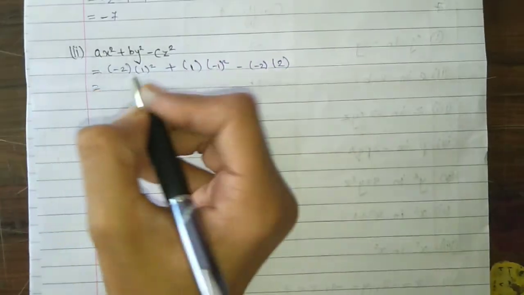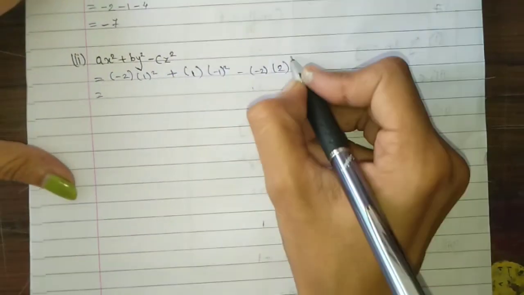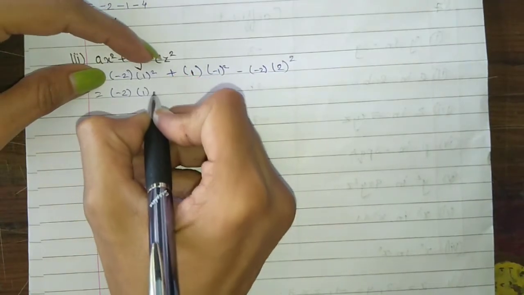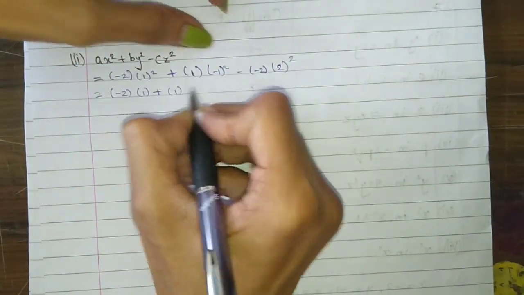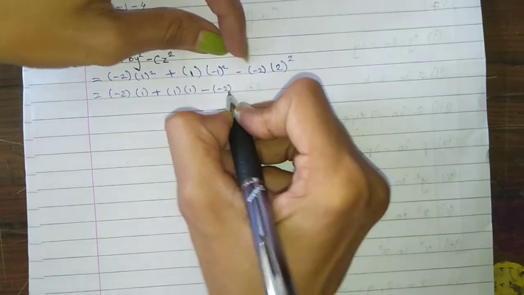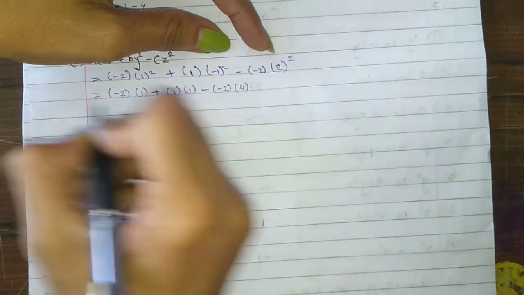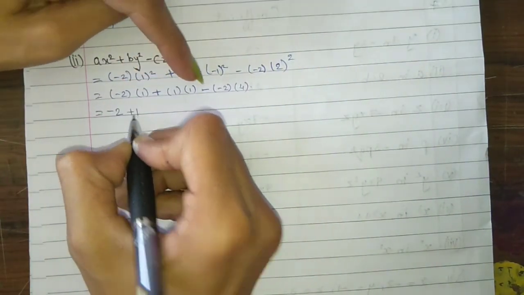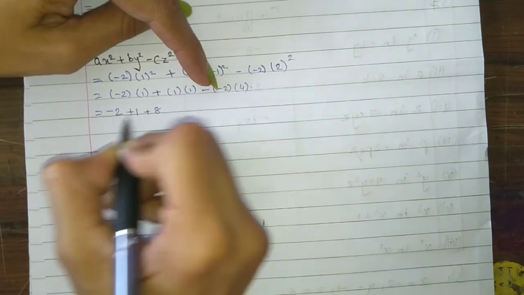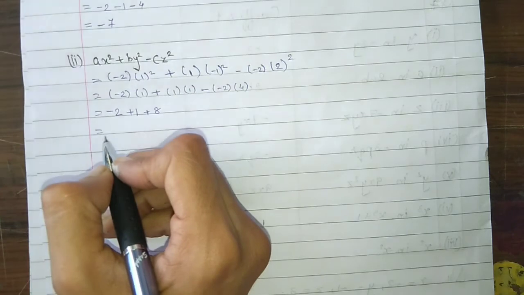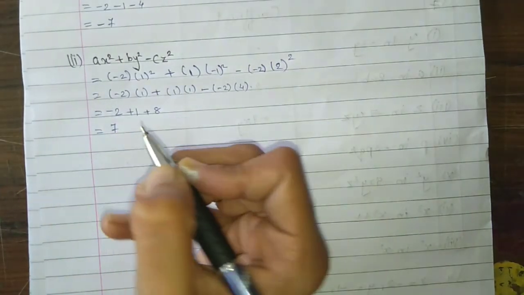So equal to -2, here it is square. So -2 as it is, 1 plus 1, -1 into -1 is 1, minus -2, 2 2s are 4. It is equal to -2 plus 1 plus 4 2s are 8. So 8 plus 1 is 9, 9 minus 2 is 7. So the answer is 7.